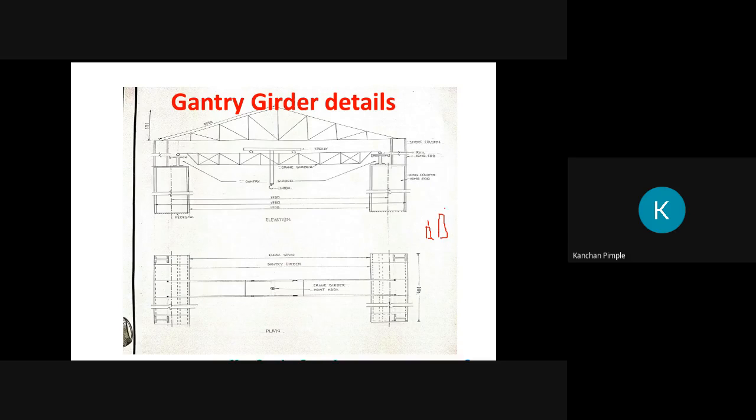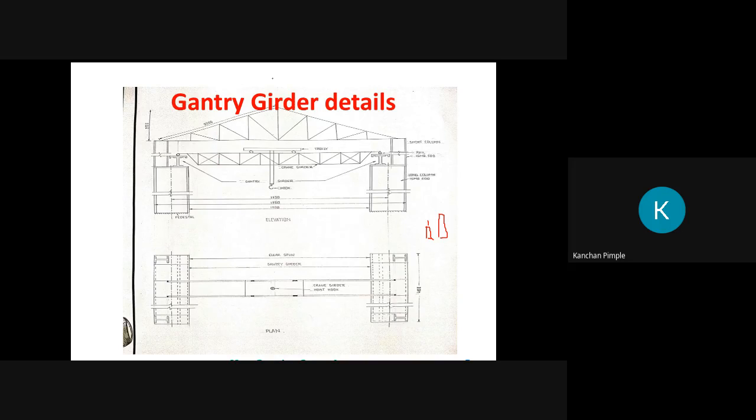Okay, so this overall column is supported by the truss, and the second short column is provided on which the gantry girder can rest. So these are the three ways of resting the crane gantry girder on a column. But as the load is heavy, we go for a step column.